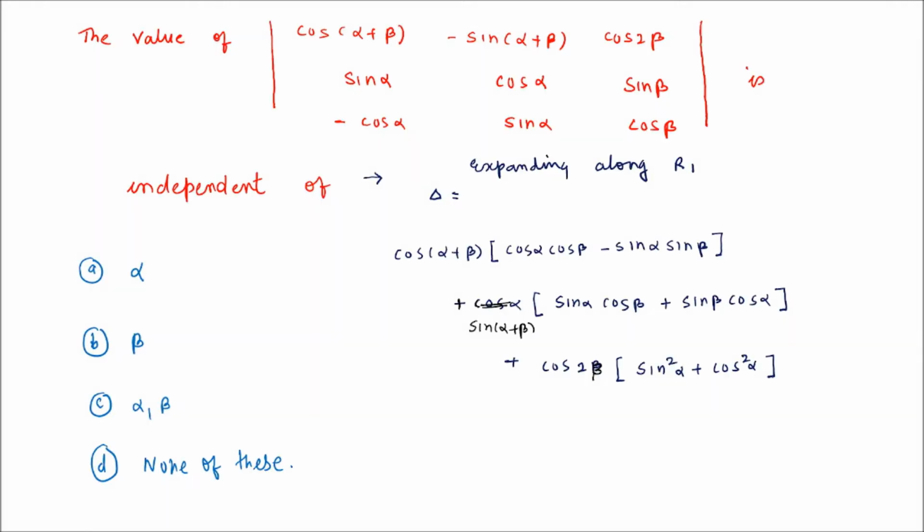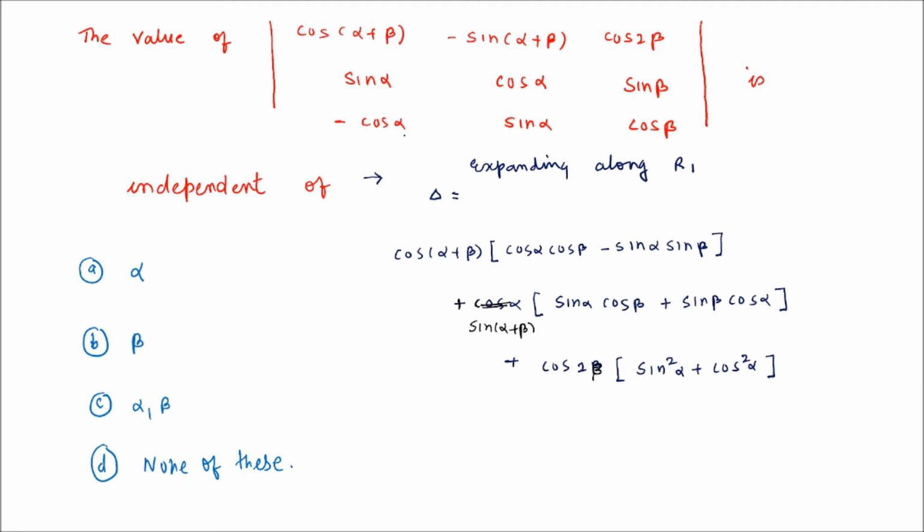So let us understand one important question. The value of this given determinant is independent of what? So what we will do, we will expand this determinant along first row.